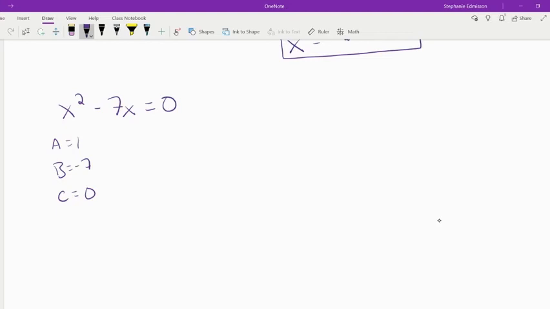So we get our quadratic formula, which we need to sing our lovely song. So here we go. X equals -b plus or minus square root b squared minus 4ac all over 2a. Okay, there it is. And then we plug our numbers in. So x equals negative b. Well, here b is negative.